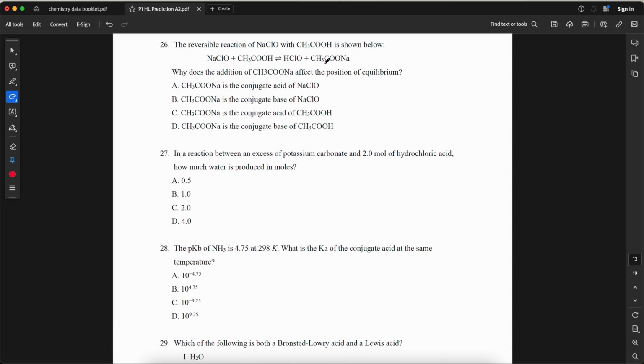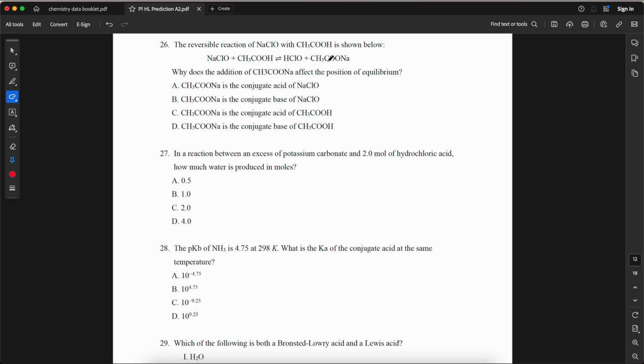The reversible reaction of NaClO with CH3COOH is shown below. Why does the addition of CH3COONa affect the position of equilibrium? When you add CH3COONa, it will provide CH3COO⁻ ion into the solution, right? And this CH3COO⁻ will react with H⁺ from HClO, because this is an equilibrium, so there will be partial dissociation here, here and here.